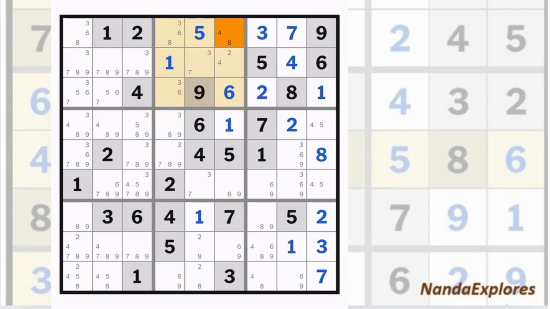You also remove 6, and you also remove 6. And this is a cell where number 2 is unique.